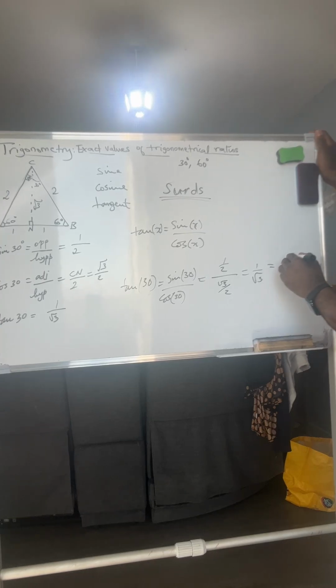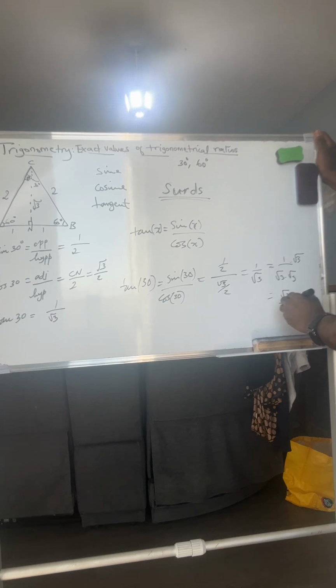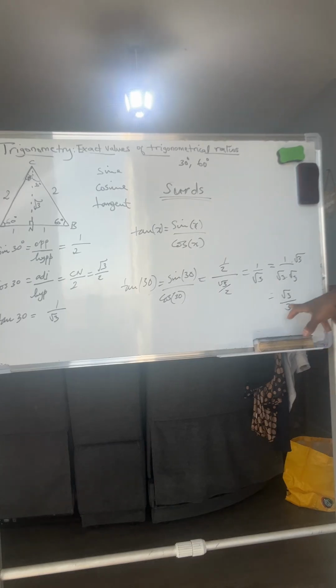So we'll now have 1 all over √3 times √3. So we should multiply here also by √3. When this cancels, you still have your 1 over √3. But √3 times √3 will give us 3. So you now have √3 all over 3. They want you to leave the answer like this, not 1 over √3. They want it this way.